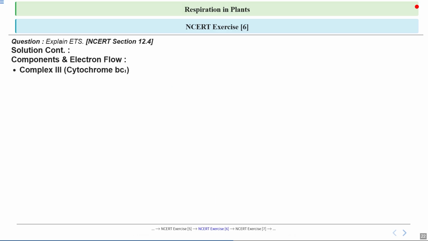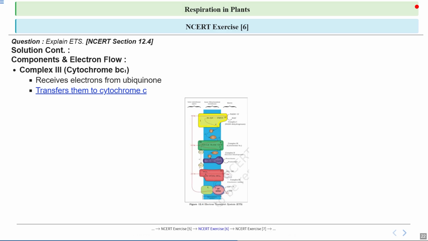The next complex is complex 3, which is cytochrome BC1. Now this complex receives electrons from ubiquinone. So ubiquinone transferred electrons from complex 1 to complex 3. And then ubiquinone will now transfer these electrons to cytochrome C. Cytochrome C is another mobile electron carrier on the outside of this membrane.